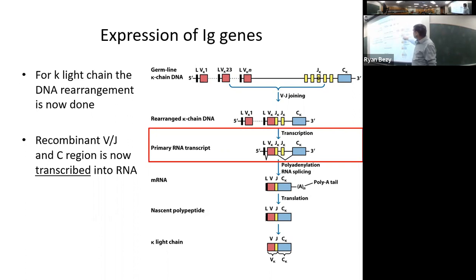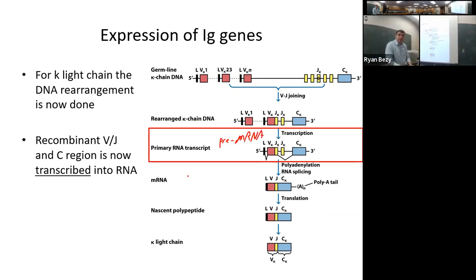So now the recombinant VJ region and the C region are then transcribed into a messenger RNA molecule. So this is my primary RNA transcript before RNA processing. So it's a pre-RNA is the other way to say this. So this step right here is a pre-mRNA. Okay. But then it goes through processing into a final messenger RNA transcript.